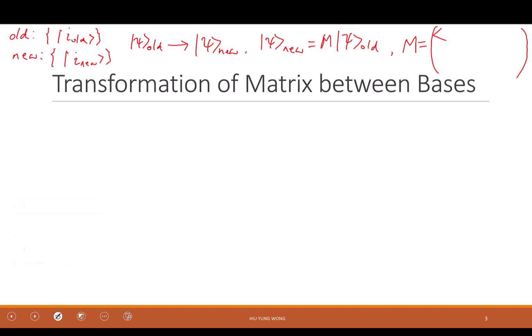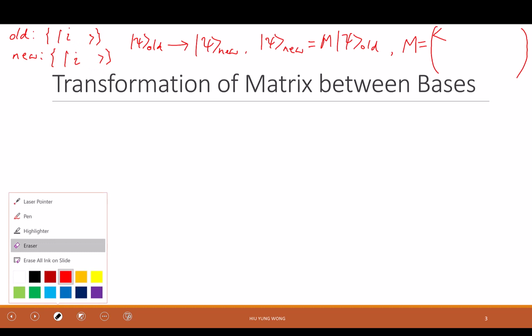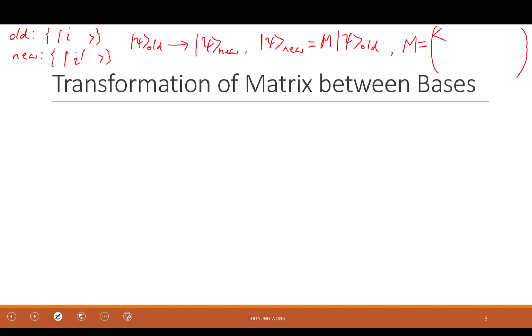In order to enable me to write it more easily, instead of using new and O, I just call the new one dash. Remember? What do you get? 0 dash 0, 0 dash 1, up to 0 dash n minus 1. Do you remember this matrix? I may be wrong, I don't have it on my cheat sheet, but I think that is right.